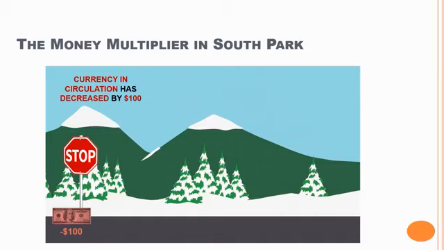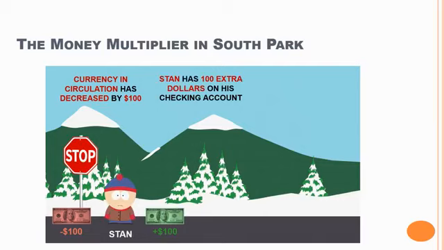All right, so this bill that was on the ground is no longer part of the money supply. So the money supply decreases by $100. But at the same time, simultaneously, when Stan has deposited this bill at his bank, South Park Hello Bank, now Stan has $100 extra on his checking account. Which means that initially Stan's operation had no impact on the money supply.